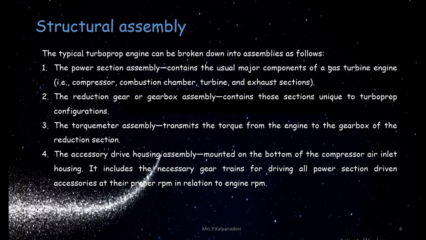Then, the structure of the engine. There are four main assemblies: the power section assembly, the reduction gear or gearbox assembly, the torque meter assembly, the drive and housing, and the accessories assemblies. So these are the four types of assemblies.